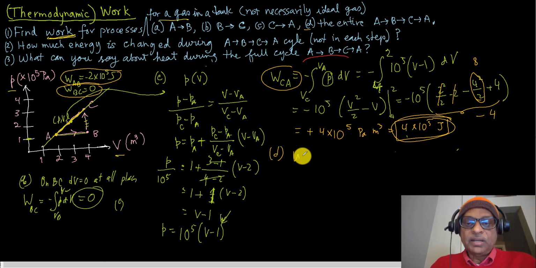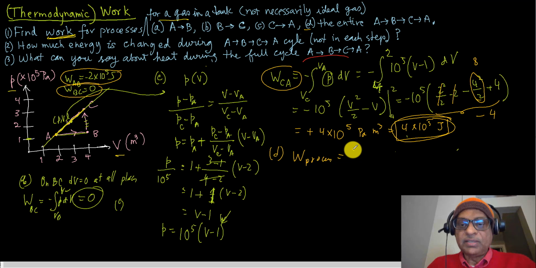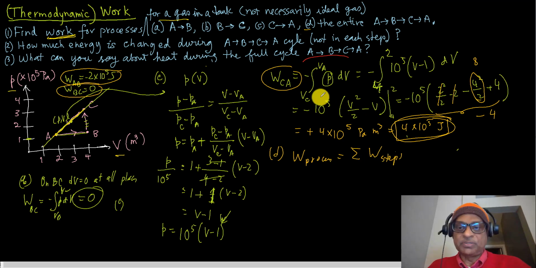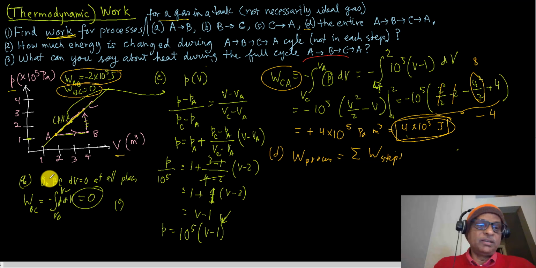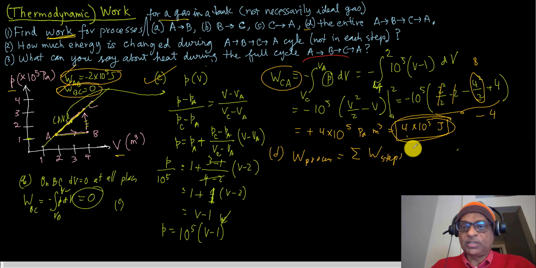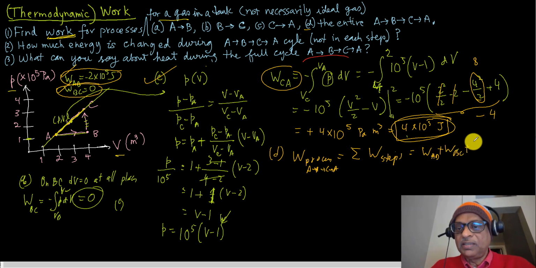Work in any process is this integral, and you can break up the integral into sub-processes and do the integral in steps like we have done over here. So it's just adding up from A to B to C to A: WAB plus WBC plus WCA.